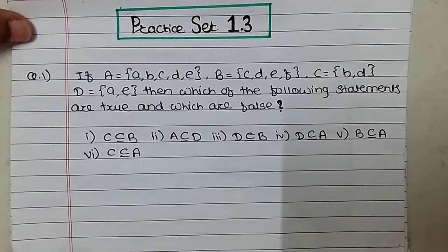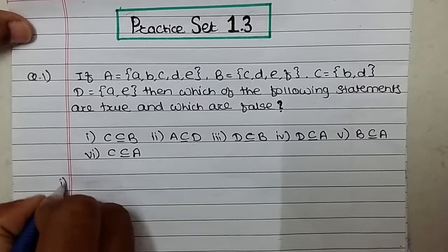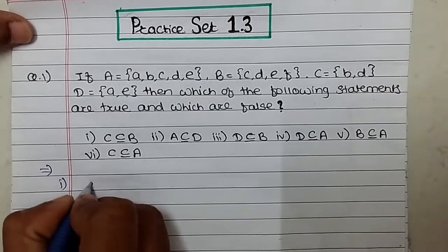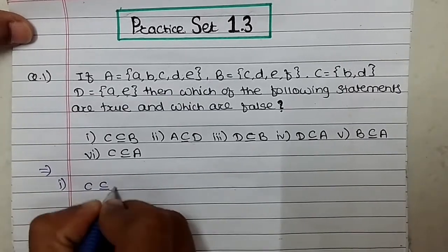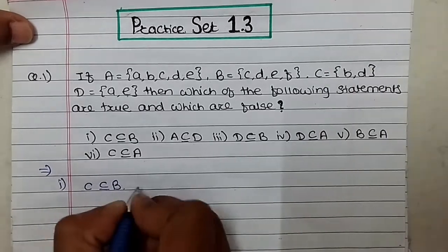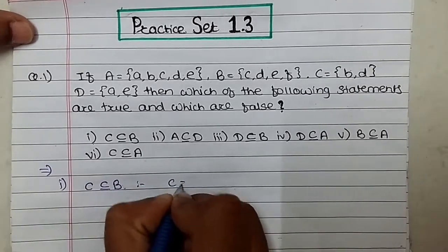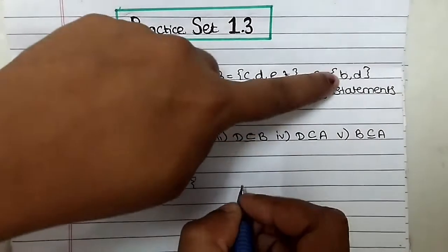The first statement is C is a subset of B. We want to check this one. So write down the C set. What are its elements?